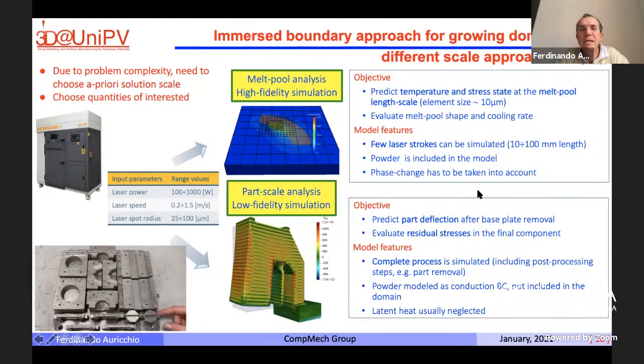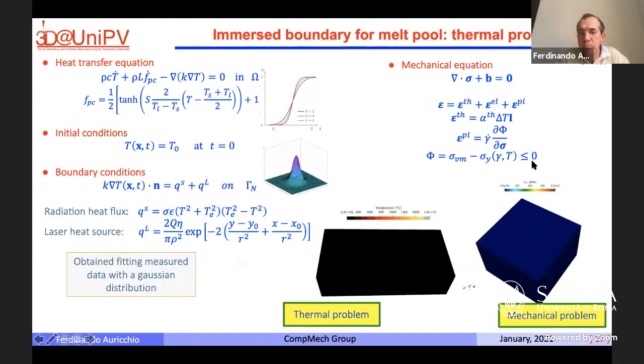So with this technology, again, we can produce simulation at the melt pool level. The way we do it is that we combine a thermal model with a mechanical model, a very simple thermal model. We try to be as simple as possible, otherwise you don't get results.